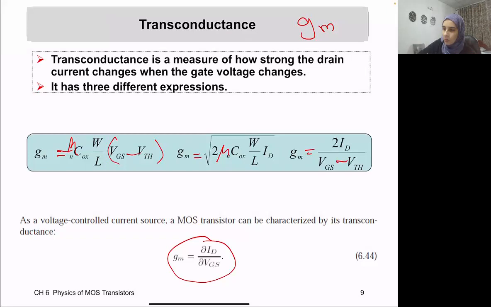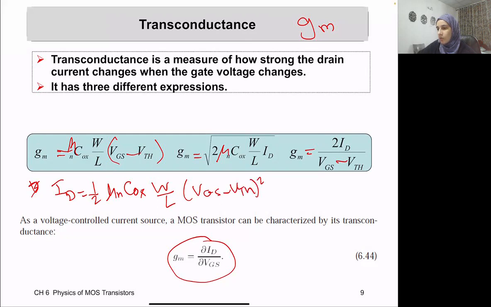So now when we have the relation that ID equals half mu n Cox W over L times VGS minus V threshold squared, and we differentiate dID over dVGS, everything else will be considered a constant except VGS, which is the variable.